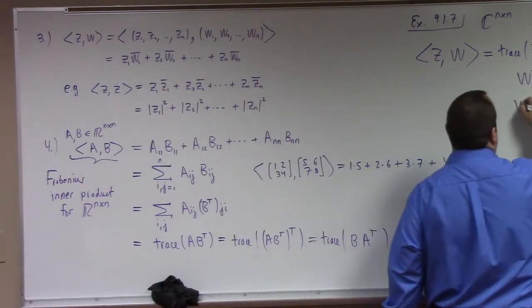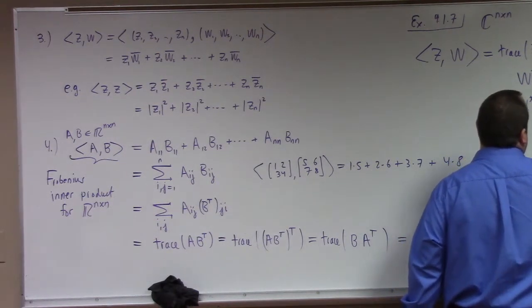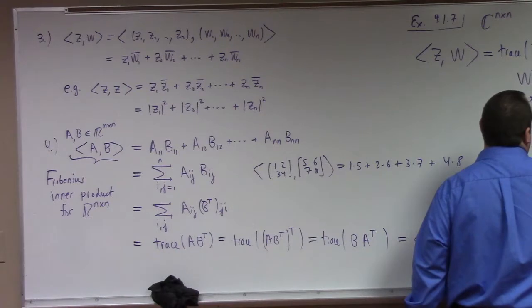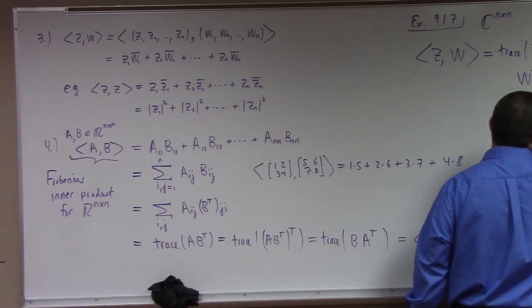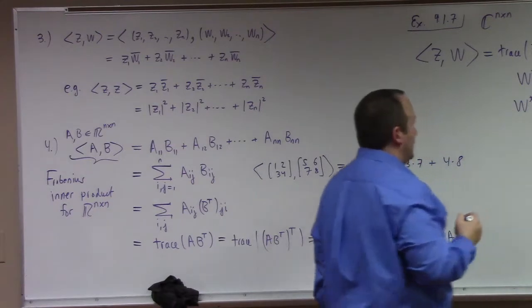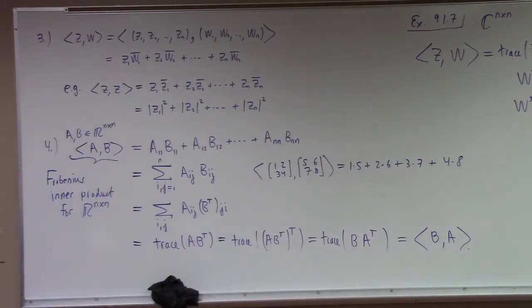So sometimes in physics, you'll see this as W dagger. Okay, anyway, so Hermitian conjugation, actually conjugate transpose, gives n by n complex matrices the structure of a complex inner product space.